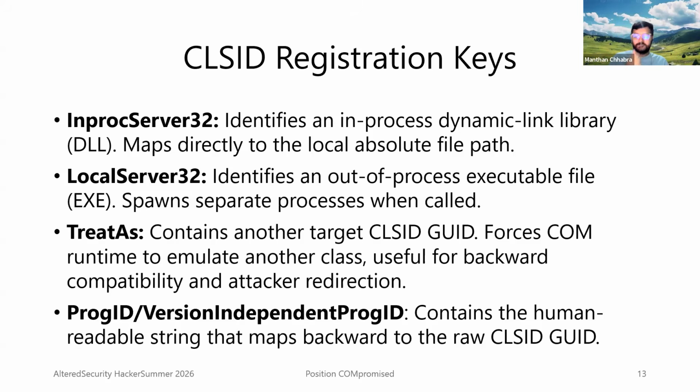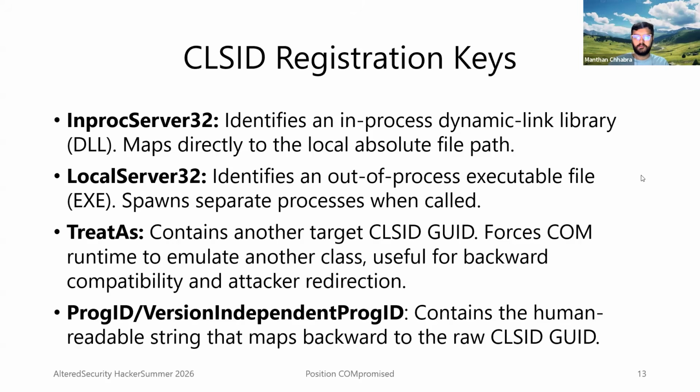Now, what you can also do, in this case for persistence, is target some sort of COM object that, let's say, triggers every time a login happens, or for example, whenever someone right clicks on Explorer. So that will help you establish persistence much better. And finally, the fourth registration key again is the prog ID, which is again the human readable string, which maps to our GUID instead.